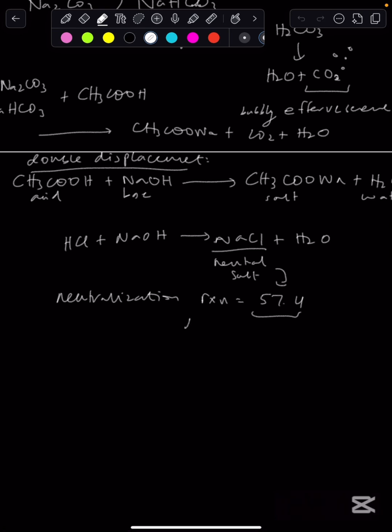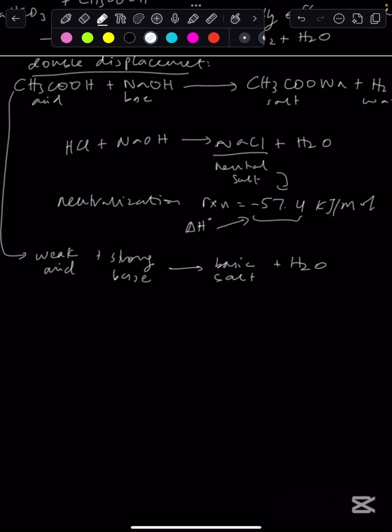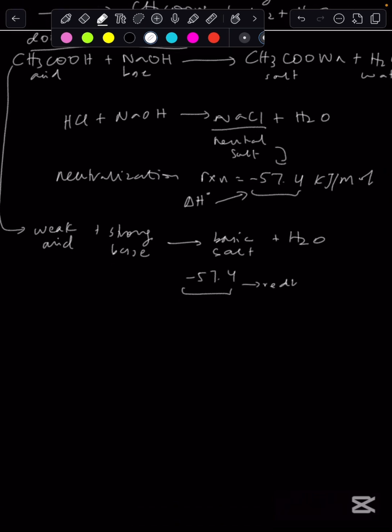For the neutralization, the standard heat of reaction is minus 57.4 kilojoule per mole. Now for this particular reaction, a weak acid and a strong base are going to form a basic salt with the removal of water. So this basic salt is going to reduce this standard value in magnitude.